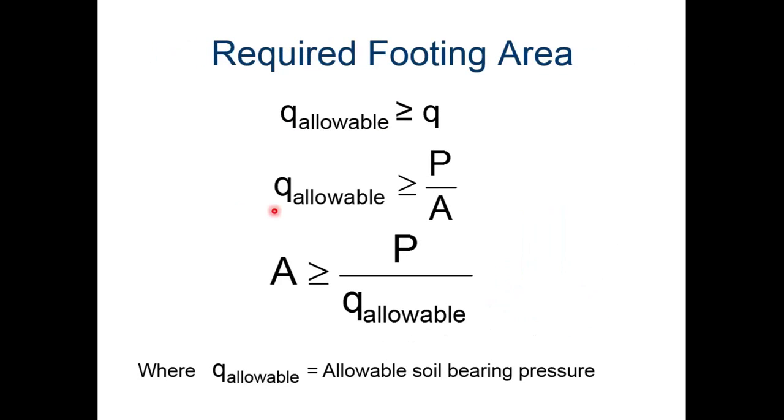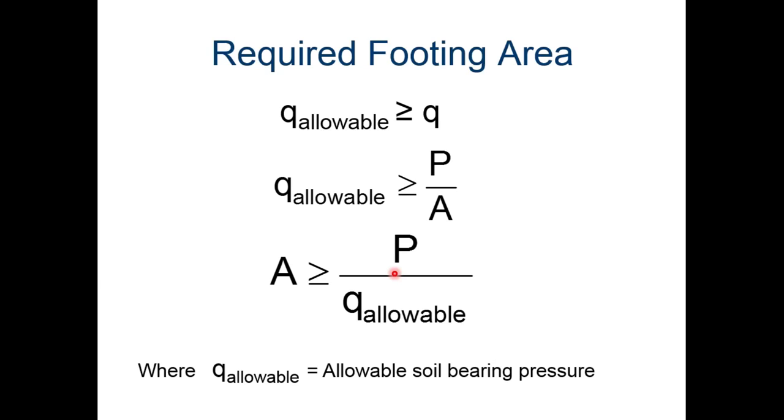So the allowable soil bearing capacity must be greater than or equal to the load applied. We're going to rearrange this equation because we want to solve for area. Our area must be greater than or equal to the load we apply divided by the allowable capacity of our soil.